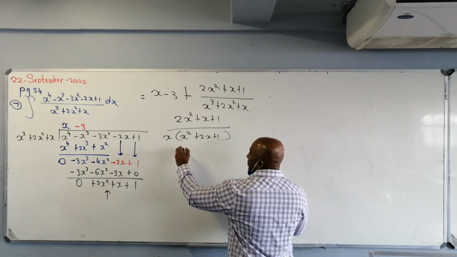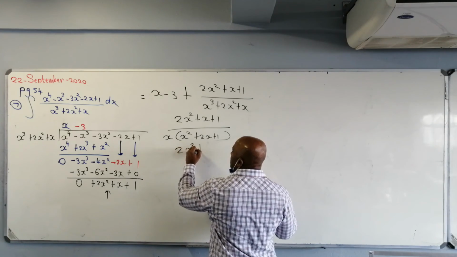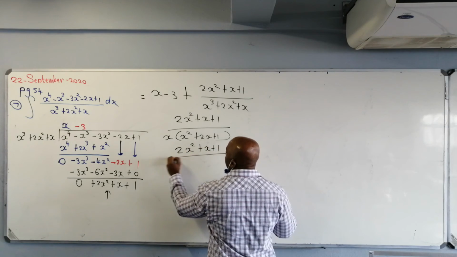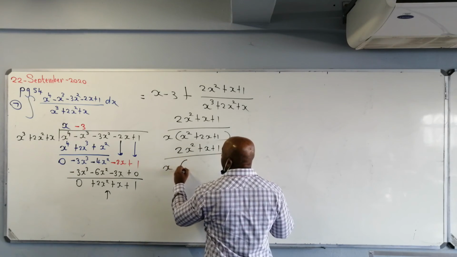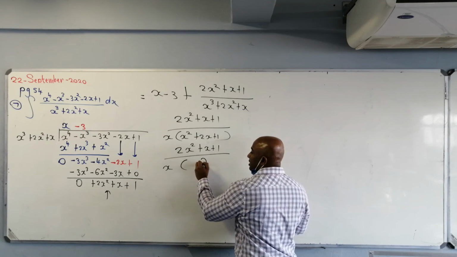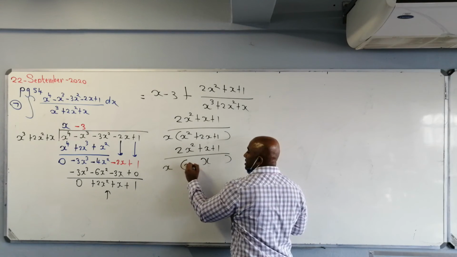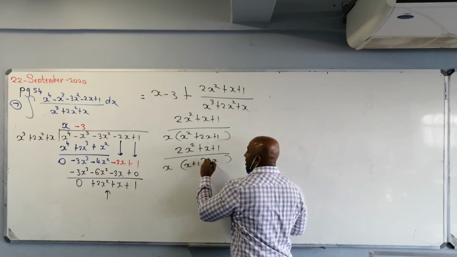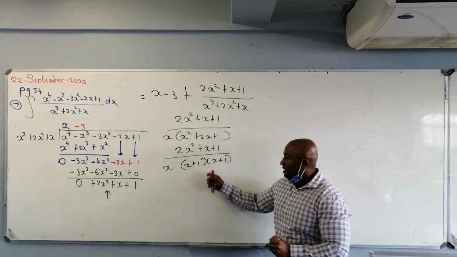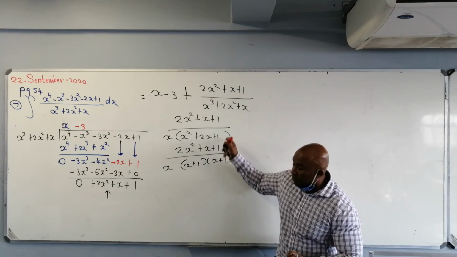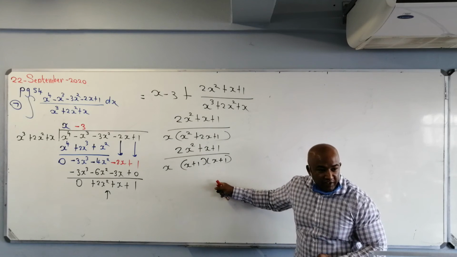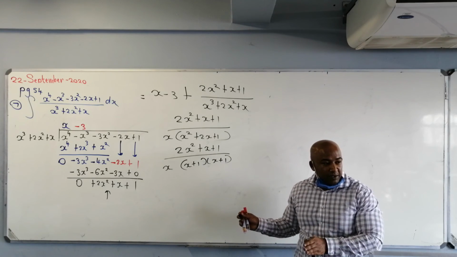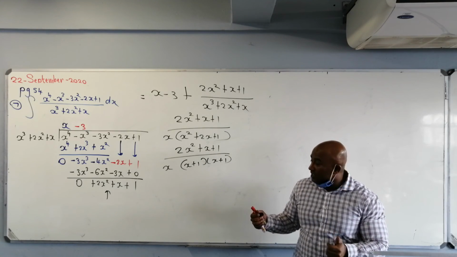Let's check now. So we got our x squared plus 2x plus 1, and that's x. Can we factorize this further? We got x and x, that will be 1 and 1 there. Yes, 1 plus 1 will give me 2, 1 times 1 will give me 1. Is this factorized fully?